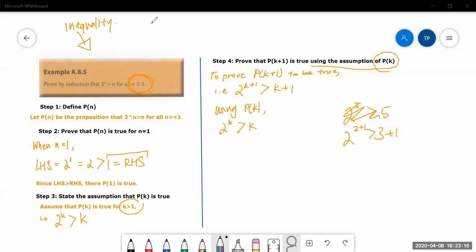Okay, so from here, what I'm going to do is convert this 2 to the power of k to 2 to the power of k plus 1. How am I going to do that? I'm going to multiply both sides by 2, because if I multiply both sides by 2, it should not change the inequality. So from here, I'm going to have 2 to the power of k plus 1 greater than 2k.